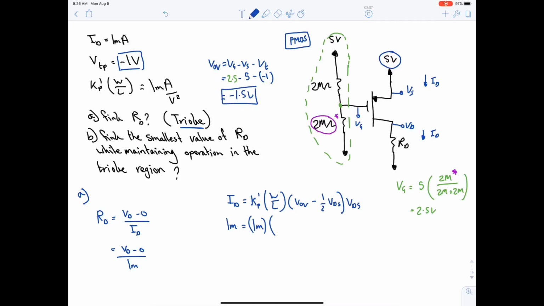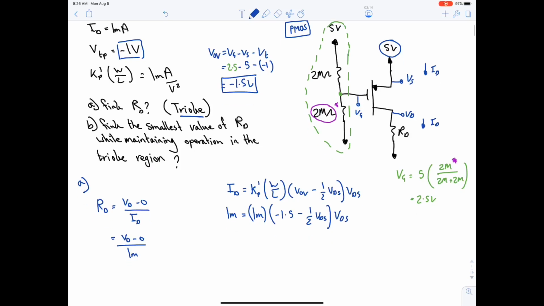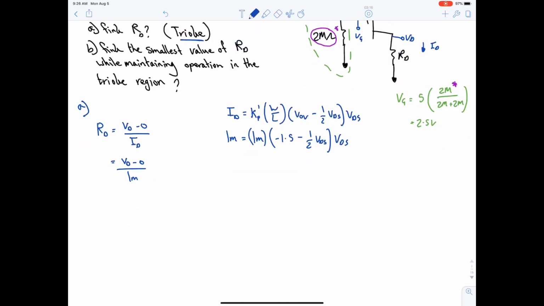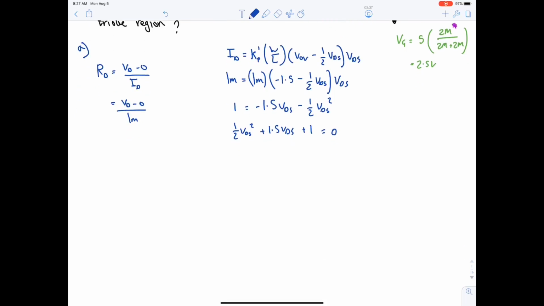Okay, taking this number and plugging it in here, minus half, we do not have VDS, multiplied by VDS. Okay, so 1 milli with 1 milli, they cancel each other out. This becomes 1 minus 1.5 VDS minus half VDS squared. Half VDS squared plus 1.5 VDS, I'm taking these two parameters on the other side, plus 1 equal to 0.